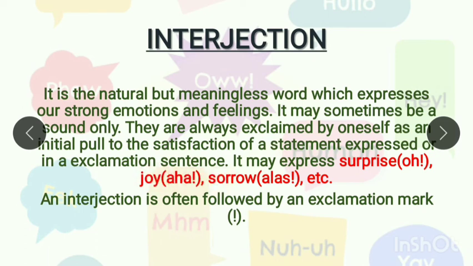It may express surprise, oh, joy, aha, like that. Interjections are words or onomatopoeia to show strong emotions or feelings, and are always followed by an exclamation mark. Here, wow, hey, hooray, wait, yippee, like that.